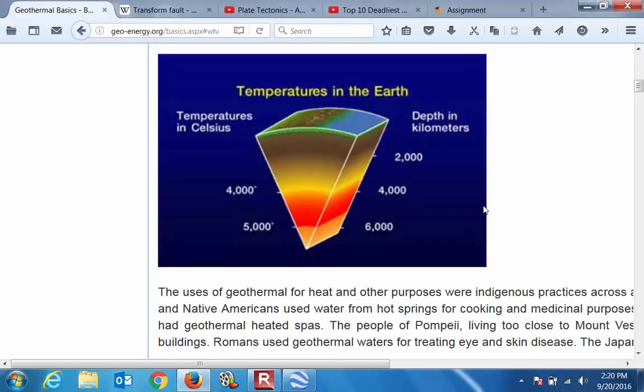Temperatures in the Earth. We're going to see some video in this course where, especially in Europe and in England, in some of the residential applications, the guys seem to think that the sun has a lot to do with geothermal energy, which it's only about 2%.